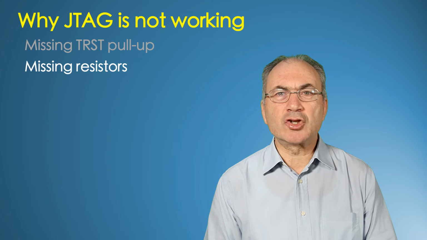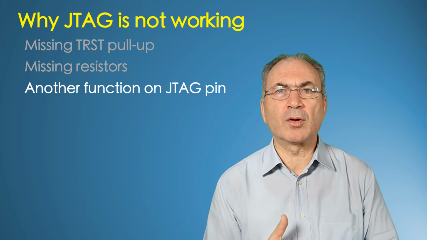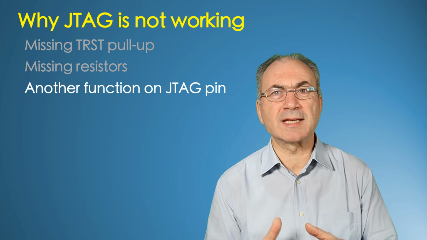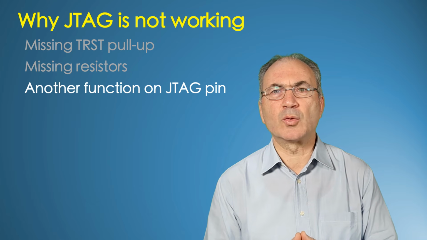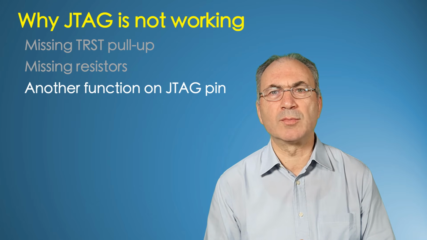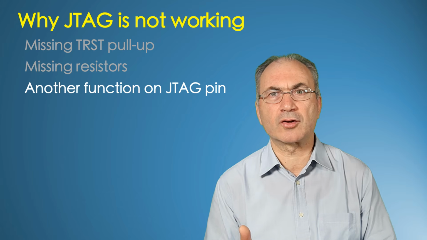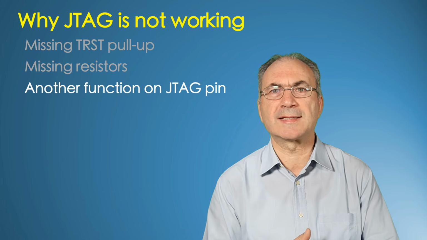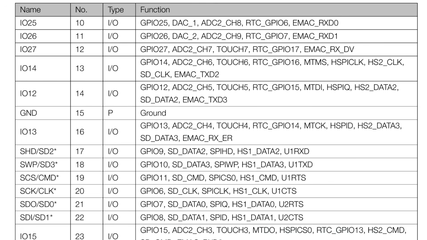Many system-on-a-chip have multiple functions assigned to the same pin. Writing to a CPU register, it is possible to select what kind of function you want on a certain pin. For example, in the ESP32 VROOM-32 datasheet, we can see that the JTAG pin TDI can be only one of many possible functions available on pin IO12.